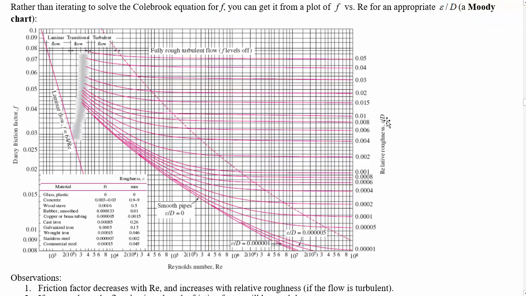And suppose your relative roughness is 0.0001. That means you are talking about this curve. Now you look up your Reynolds number, and suppose your Reynolds number is 10 million. Okay, so you follow this curve over to where Reynolds number is 10 million, and that intersection is right here.